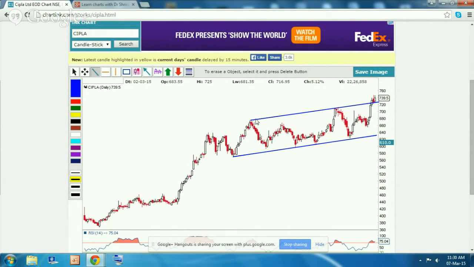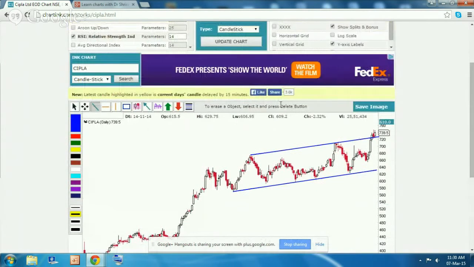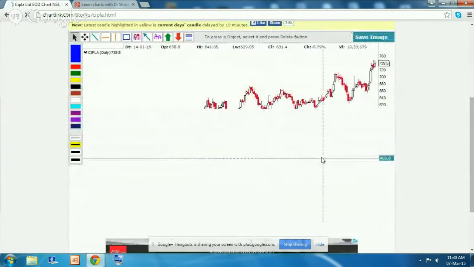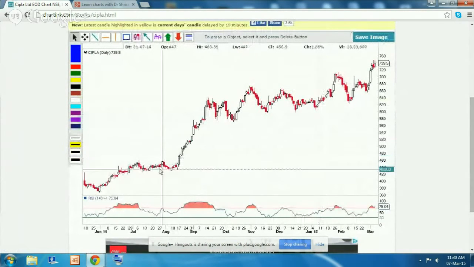Now let us go to some other tools. Let us look at some patterns which are seen in this chart. Price patterns.